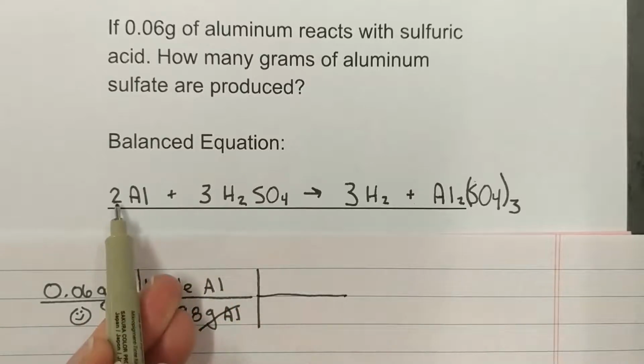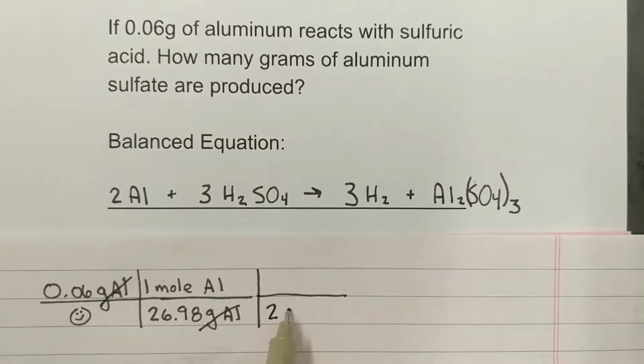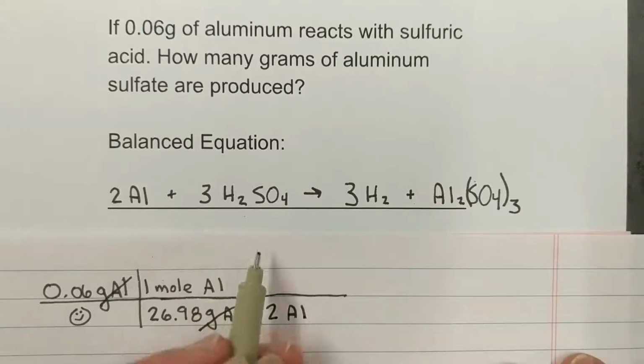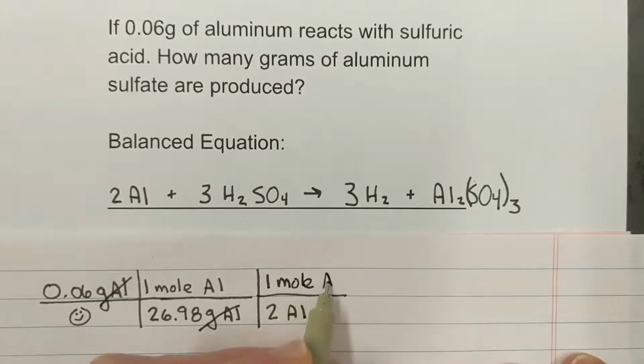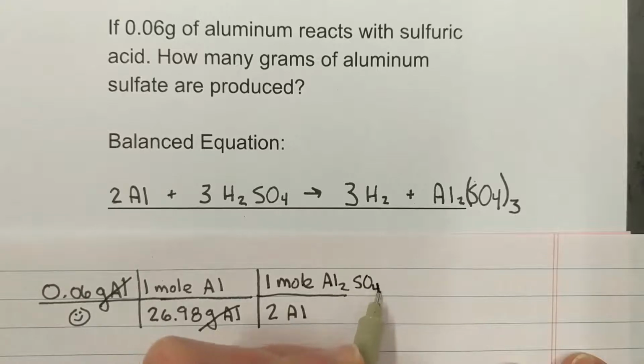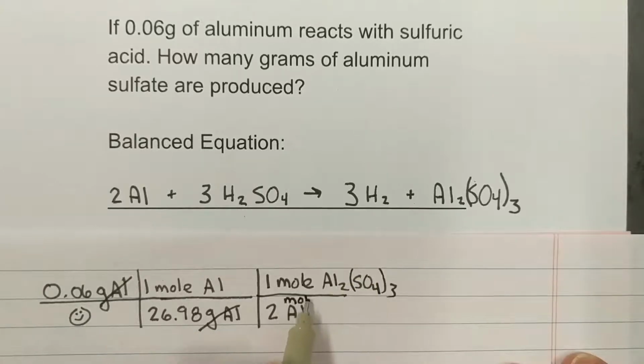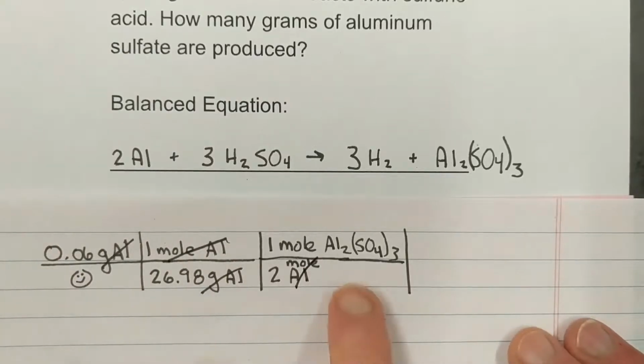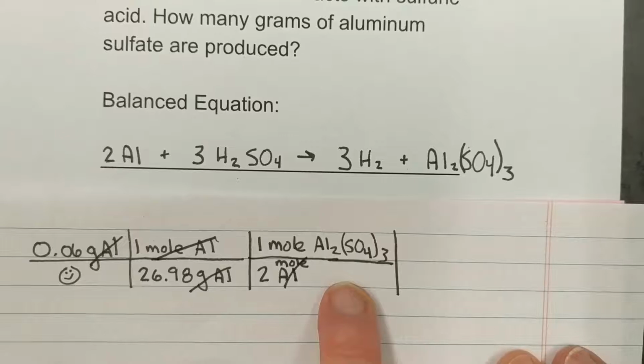So I have 2 moles of aluminum for every 1 mole of aluminum sulfate. And I should have written moles right here. There we go. I can fit that in. Sweet. So now our moles of aluminum cancel, and at this point we are at moles of aluminum sulfate.